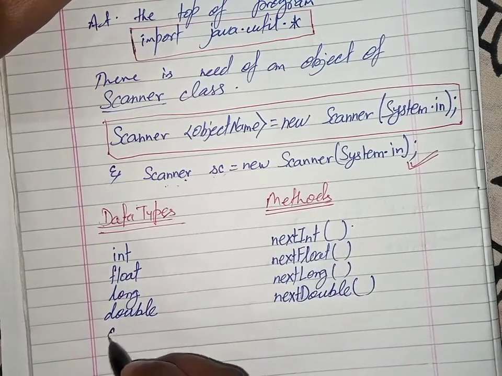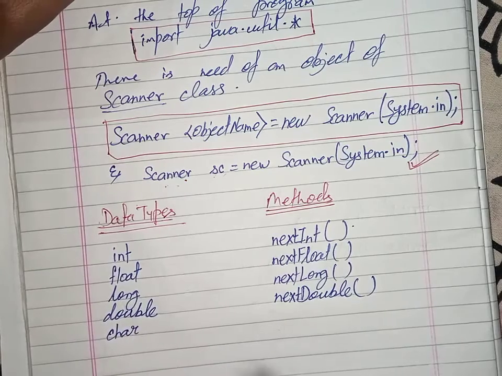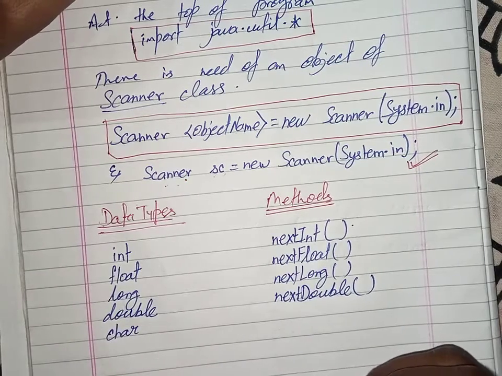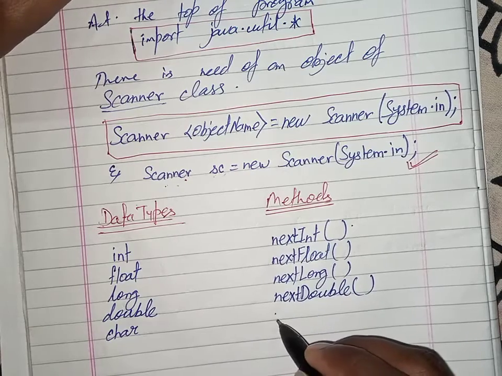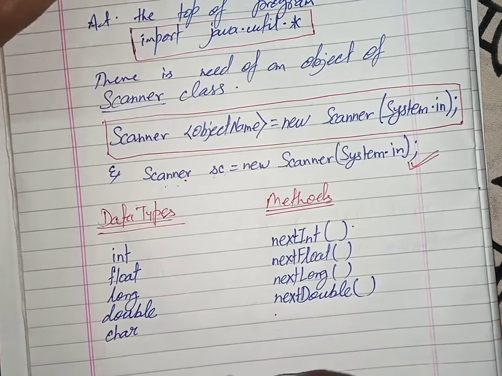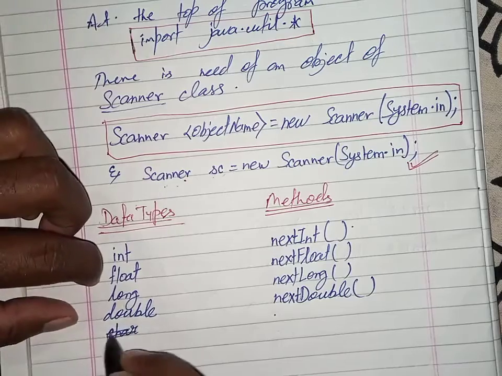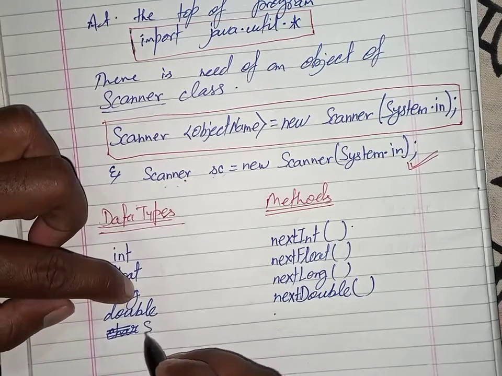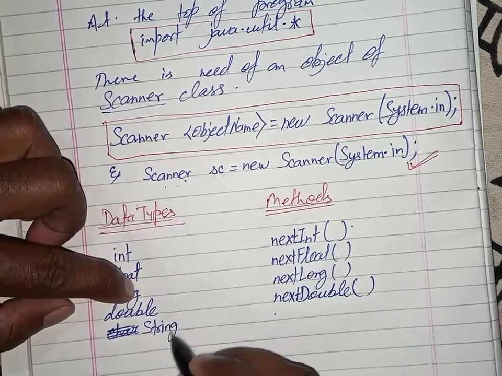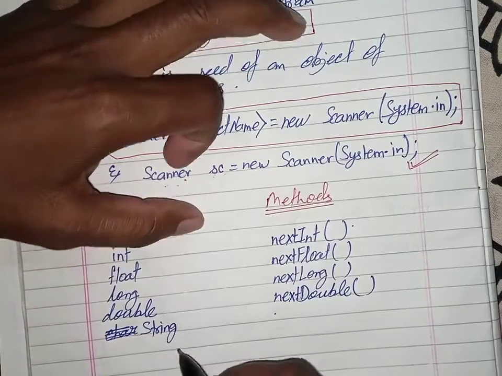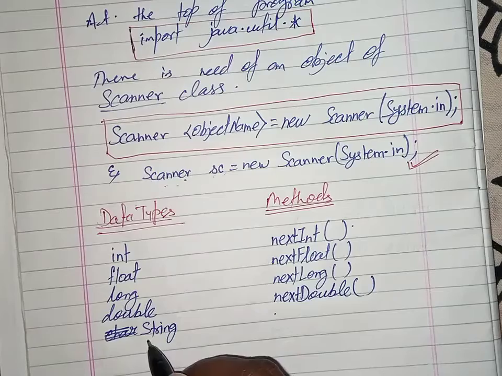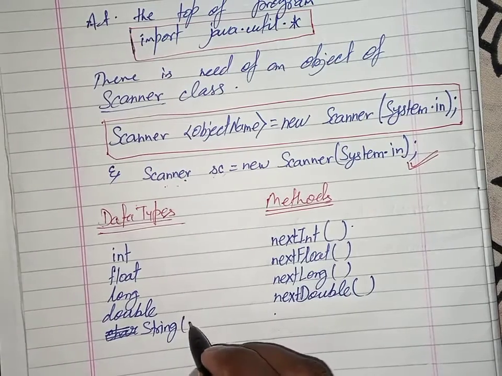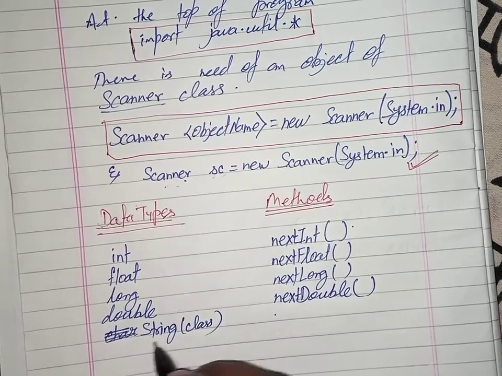If you want to take char, means character value, before character, let me tell you about a string. Suppose you want to take a string value. Here S should be capital, this is not a data type, this is a class. Let me write the class, String class.